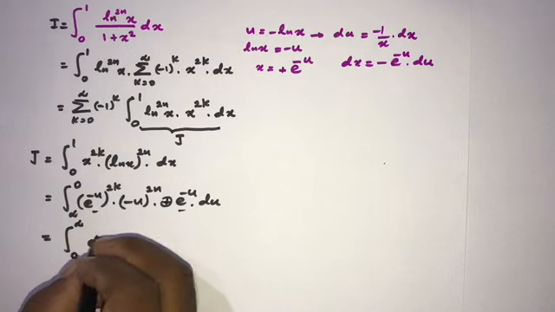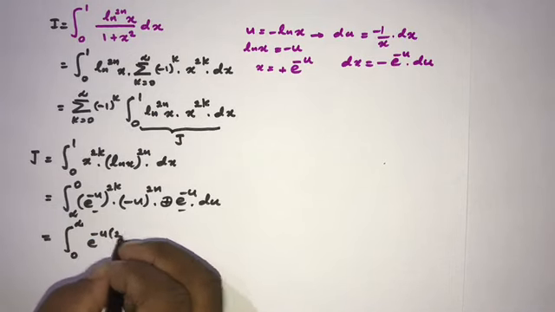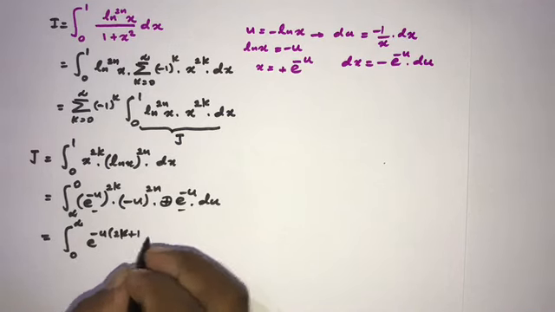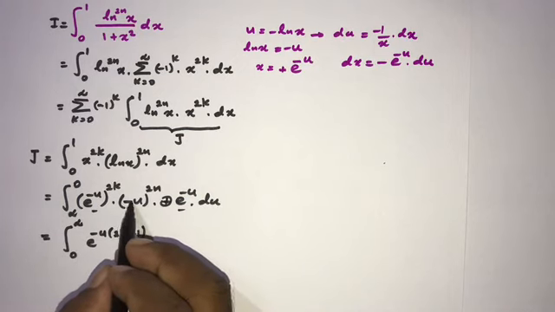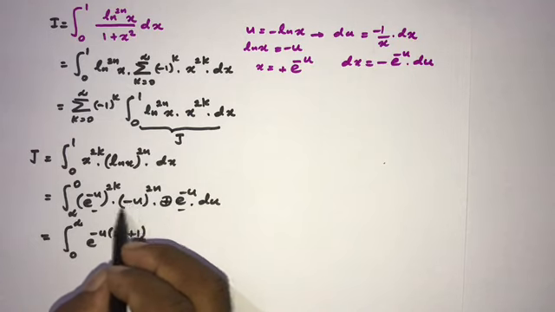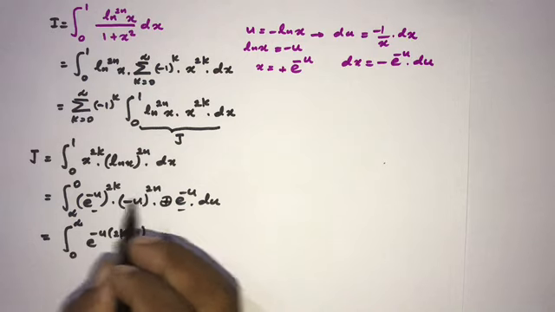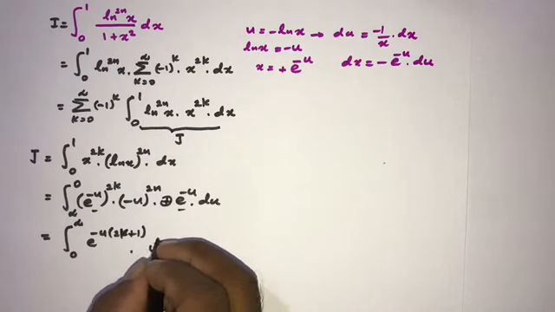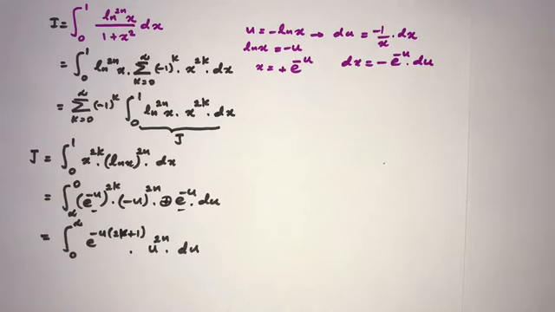So e to the minus u raised to the 2k plus 1, so we can write e to the minus u times 2k plus 1, times minus 1 to the 2n. We know 2n is always even, so minus 1 to the 2n is equal to plus 1. So here we have u to the 2n power times du.